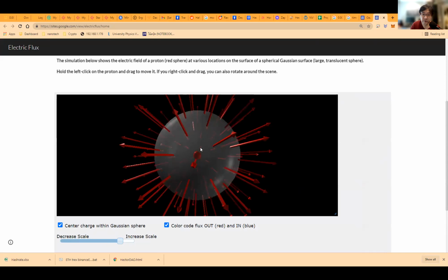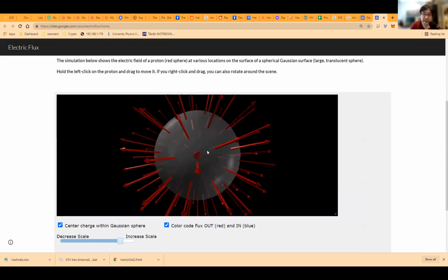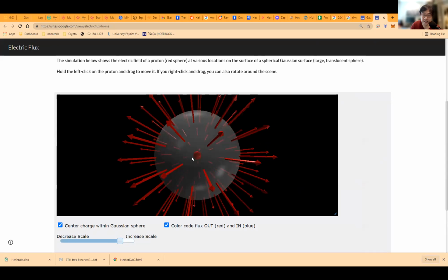As you can see, if you go around over here, you can see that the net flux is going to be positive because it's trying to escape from this. That is the evidence saying that I must have a charge inside. In this case, it's so symmetric, so it's supposed to be at the center.